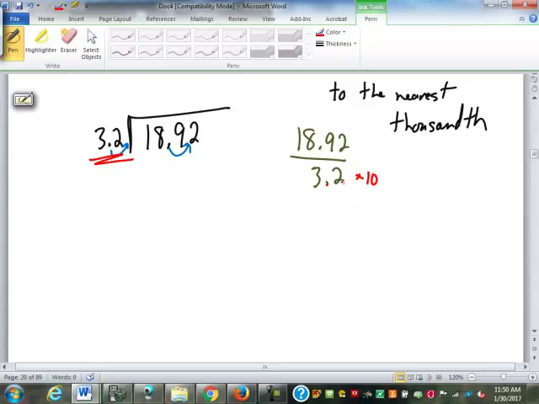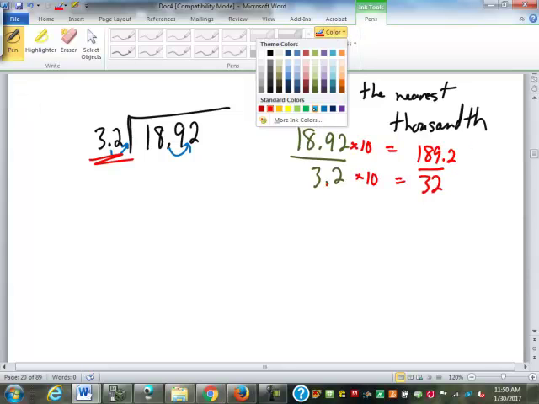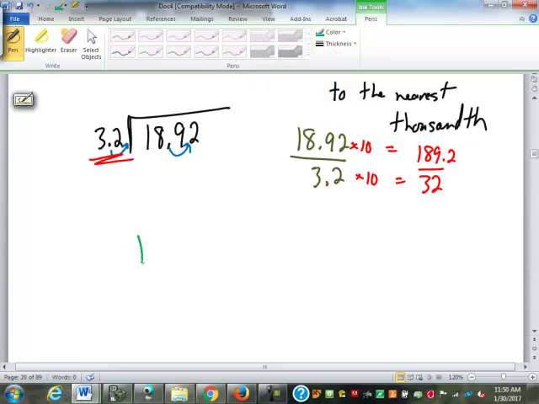Of course, if it had 2 decimal places, I would have multiplied by 100, and so on. So I multiply by 10 to make that a 32. Well, since this is a fraction, I have to do the same on top. Multiplying by 10 makes that 189.2. So this division now becomes 189.2 divided by 32.